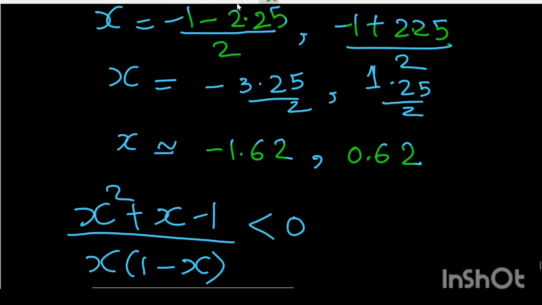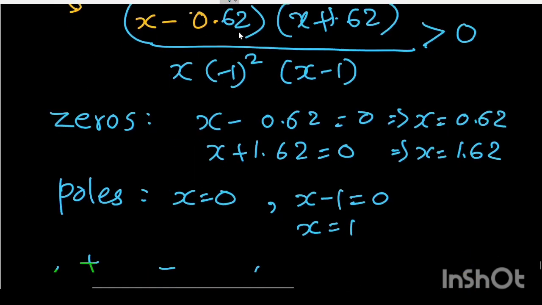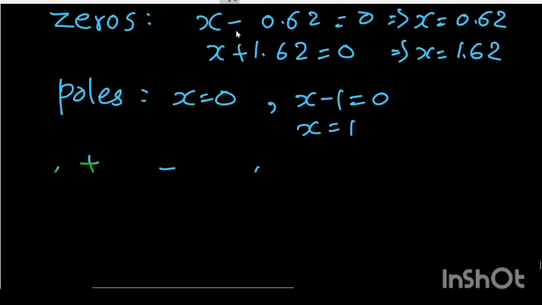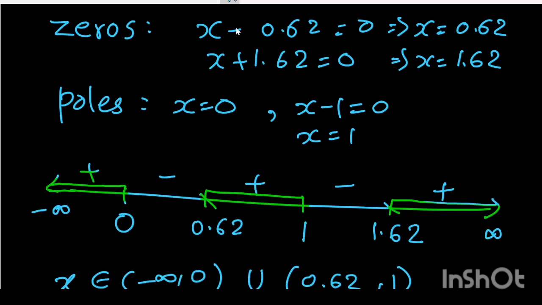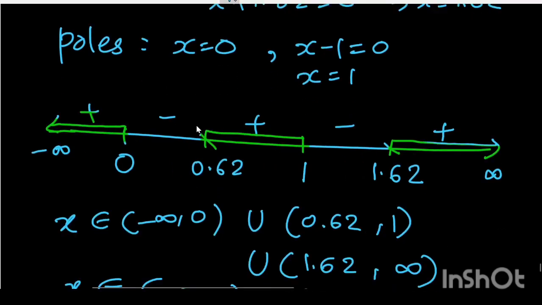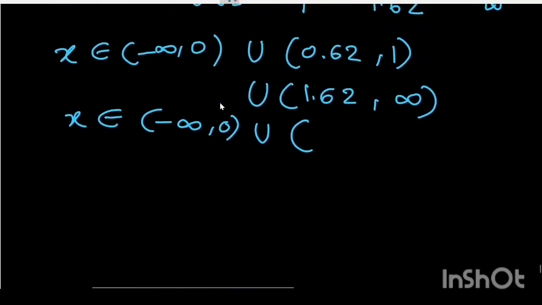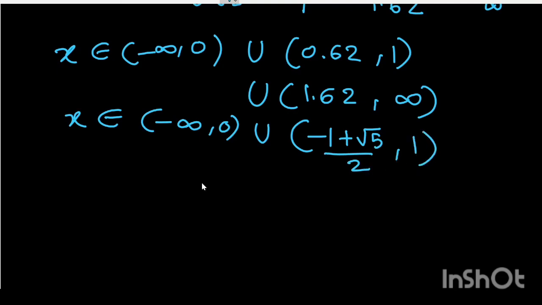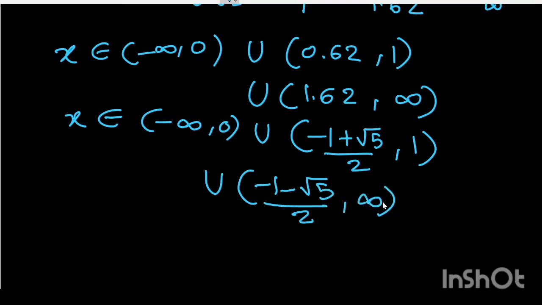So x belongs to minus infinity to 0, union minus 1 plus root 5 by 2 comma 1, union 1.62 replaced by minus 1 minus root 5 by 2 to infinity, guys. That is the way we will do it.